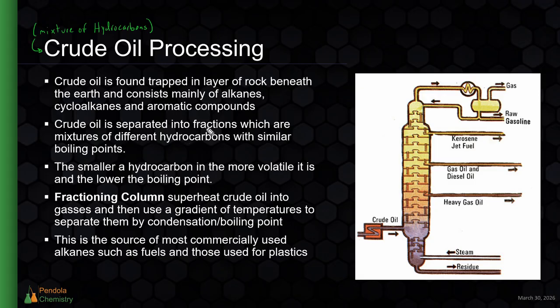We are going to separate crude oil into what we call fractions, which are mixtures of different hydrocarbons with very similar boiling points. All hydrocarbons are very volatile, meaning that they can, for the most part, be vaporized really easily. So we take advantage of that and how they have different boiling points.